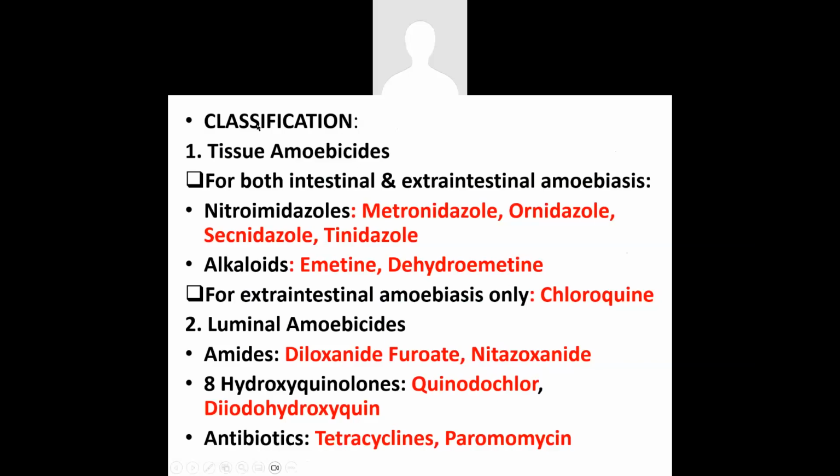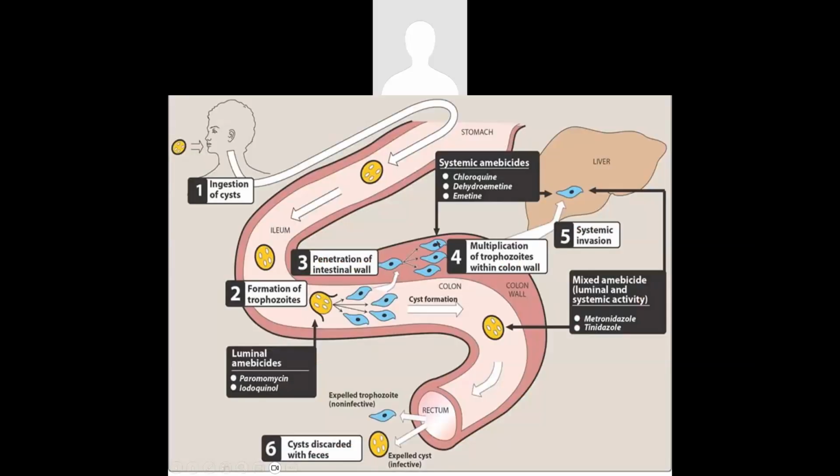So, as a simplification, we get this note. Tissue amoebiasis: class of metronidazole; extra-intestinal amoebiasis: we have chloroquine; and luminal amoebiasis. This is the classification of the slides. We have mixed amoebiasis, luminal and systemic.